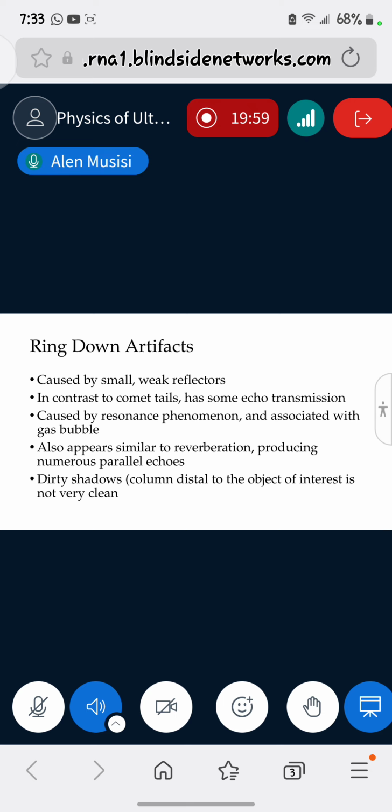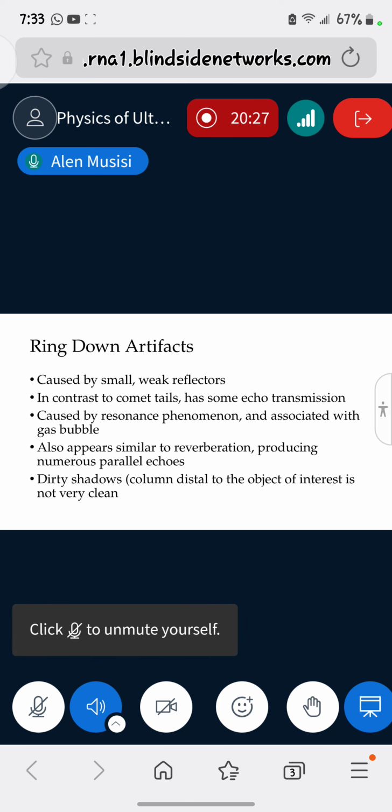But this is as a result of the beam getting trapped in these gas bubbles. These gas bubbles vibrate and then produce their own signals. I repeat, the beam gets trapped in the gas bubbles, and when it gets trapped, these gas bubbles vibrate or resonate.